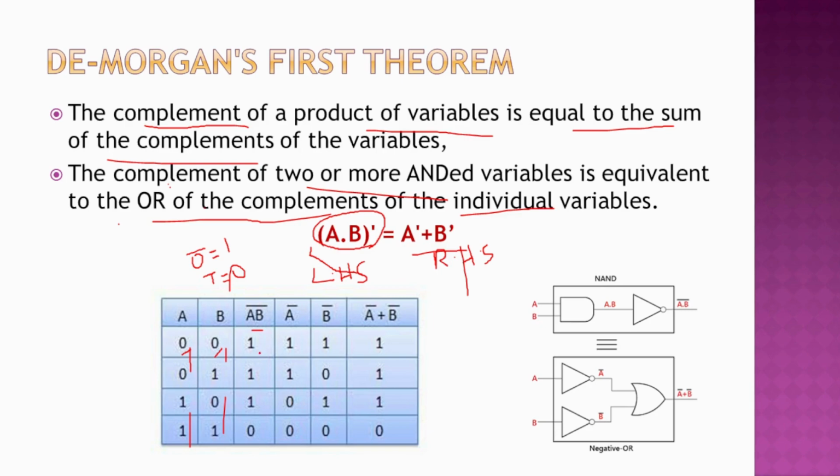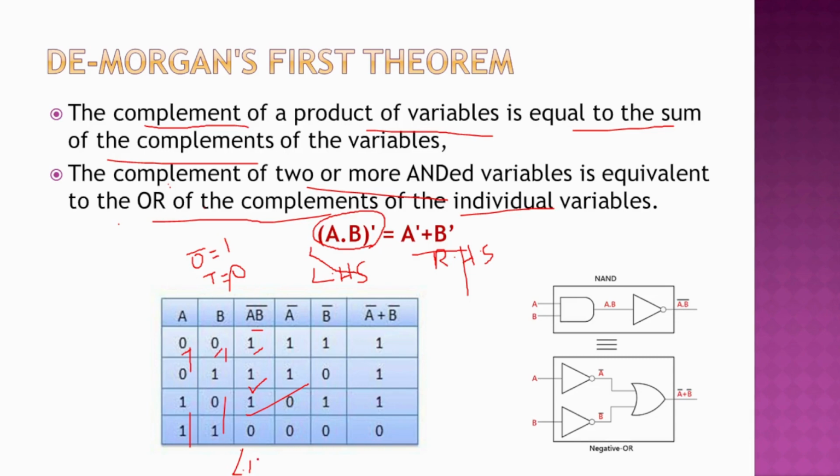So the first value is found as 1. 0 into 1 is 0. Again you need to give the complement for 0, that is 1. 1 into 0 is 0 and 0's complement is 1. 1 into 1 is 1 and 1's complement is 0. Finally, we have found the LHS value.